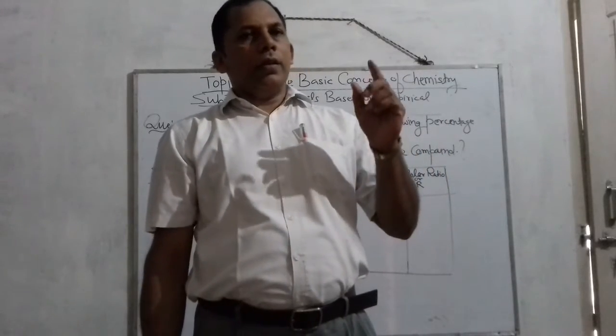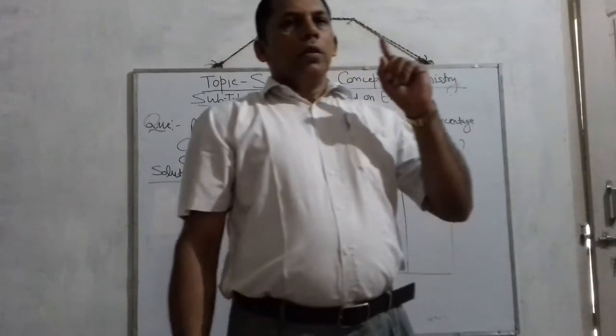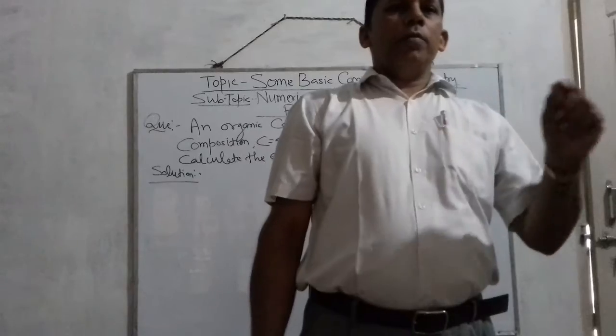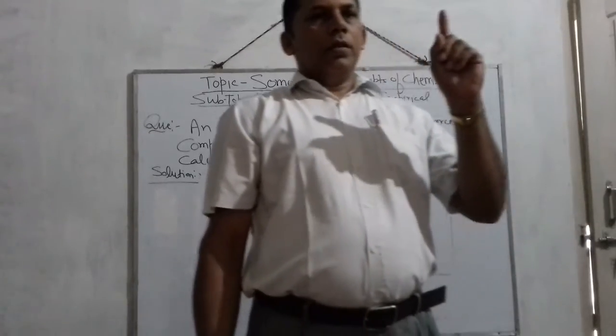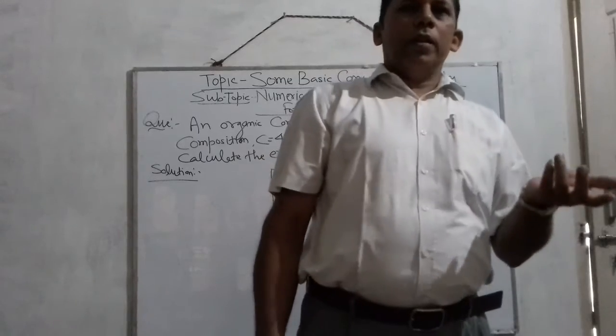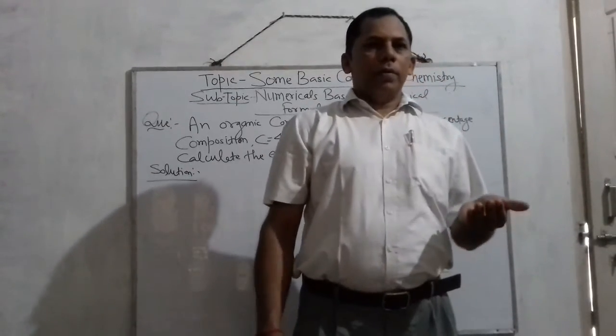And for that, some common points you have to remember: you also have to know the atomic mass of the element. Suppose the percentage is given but the atomic mass is not given to you, then you have to remember it yourself.